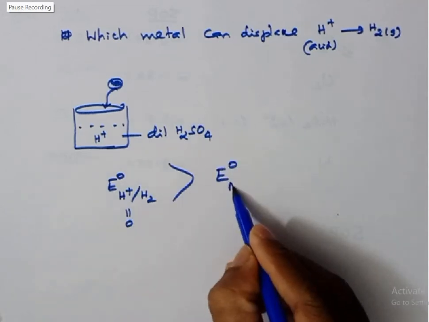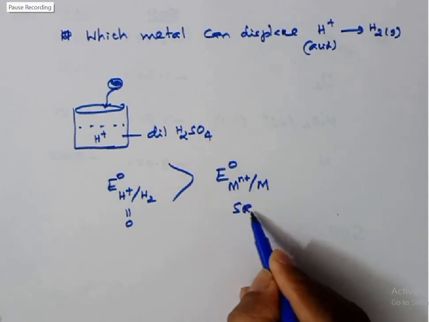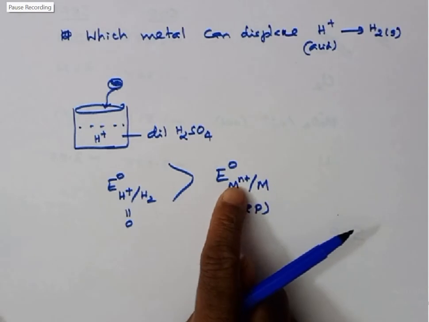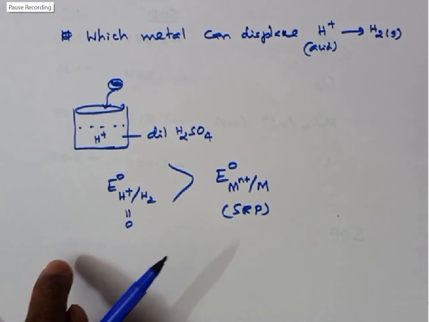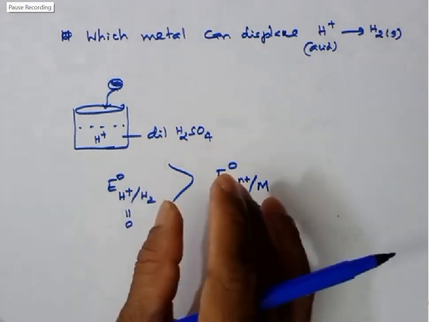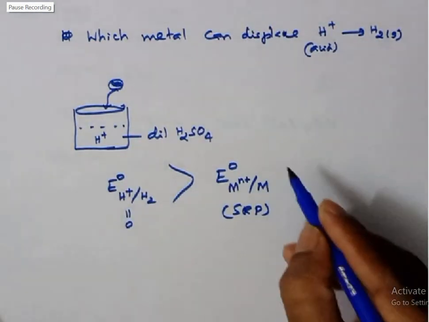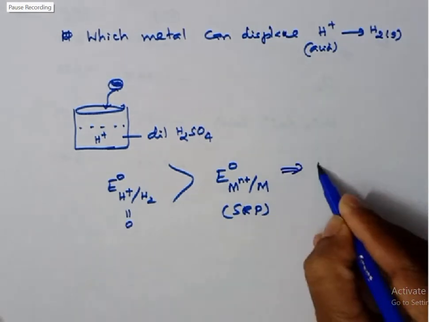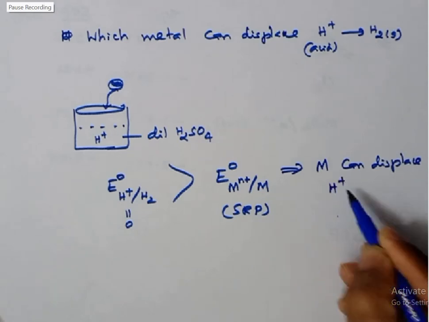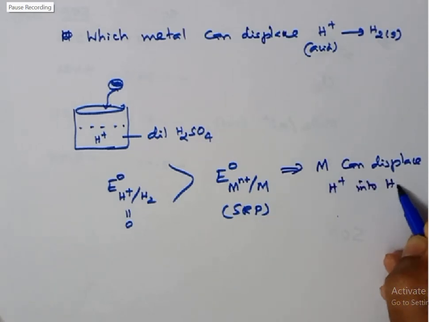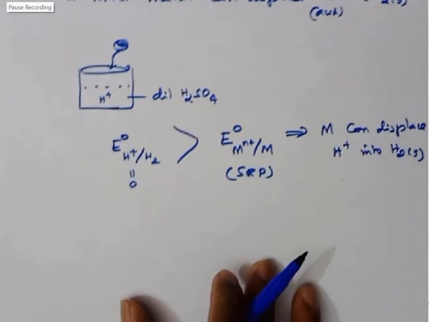If any metal has SRP value less than the SRP of H plus, then that metal can displace H plus into H2 gas. It's very simple. Now listen, students, I'll give a few examples.